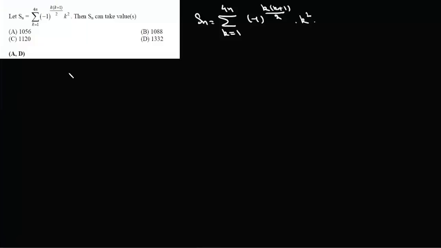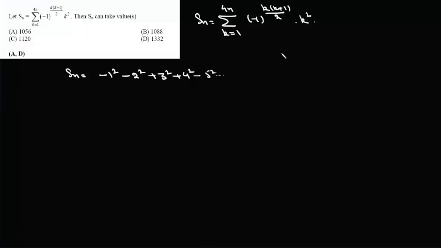Now if we write first few terms, we can write this Sn as: if we take k as 1, we get minus 1 square, and then if we take k as 2, it will be minus 2 square. For k equals 3, it will be plus 3 square, and for k equals 4, it will be plus 4 square, and then if we take k as 5, again it will be 5 into 6, odd number, so it will be minus 5 square.